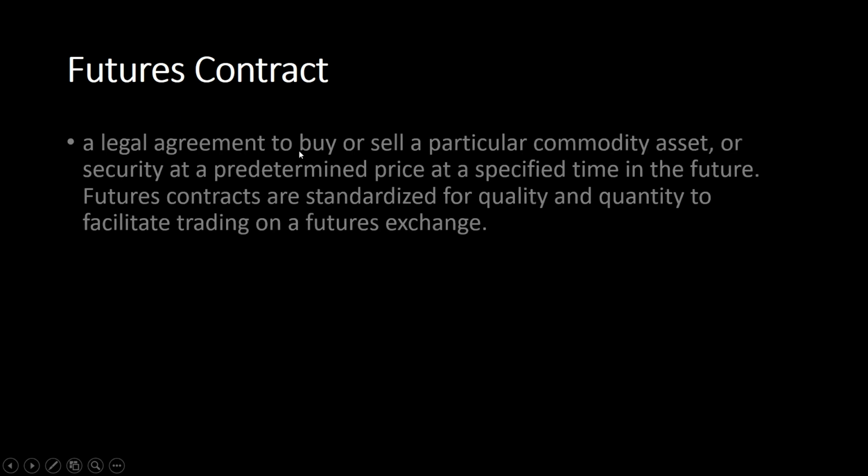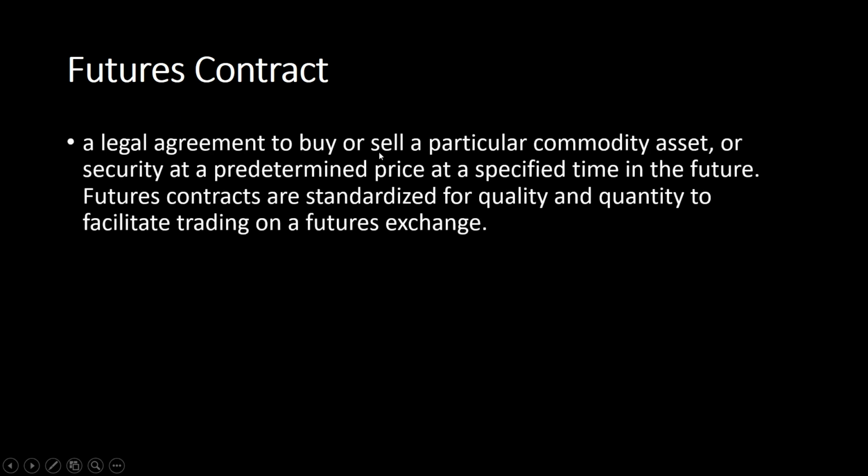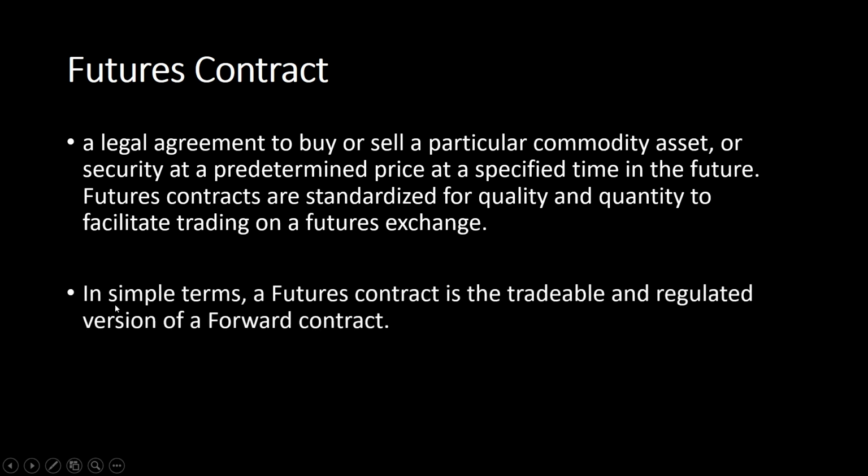Now this is from forward contracts: a legal agreement to buy or sell a particular commodity, asset, or security at a predetermined price at a specified time in the future. Futures contracts are standardized for quality and quantity to facilitate trading on a futures exchange. In simple terms, a futures contract is the tradable and regulated version of a forward contract.